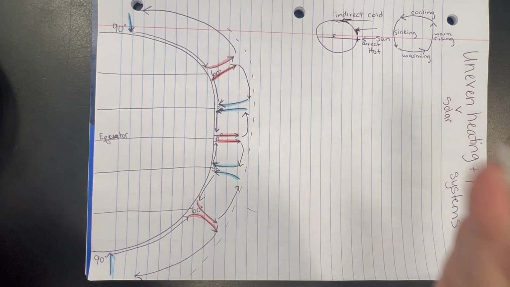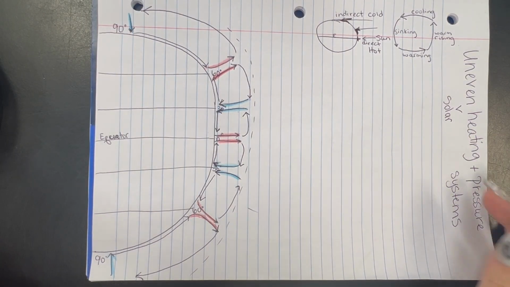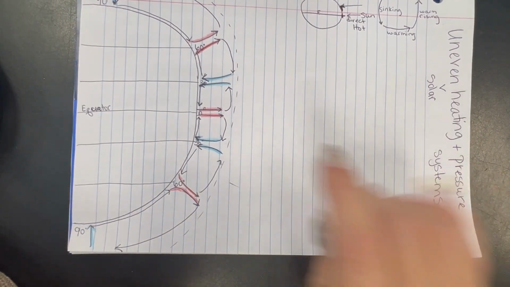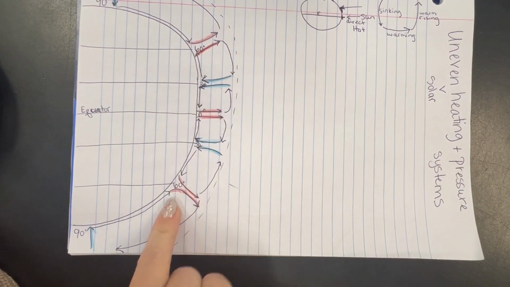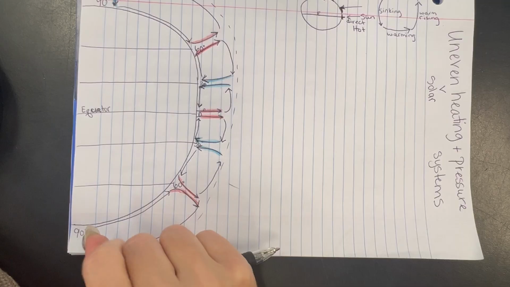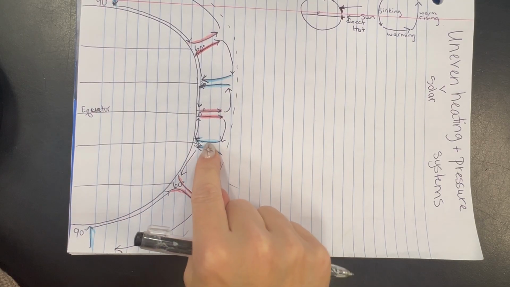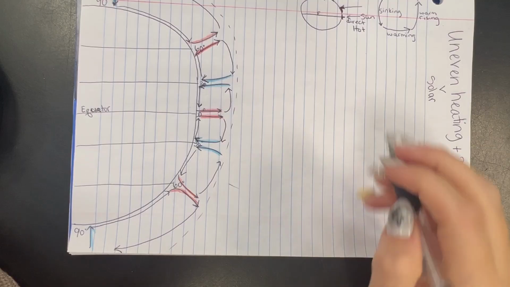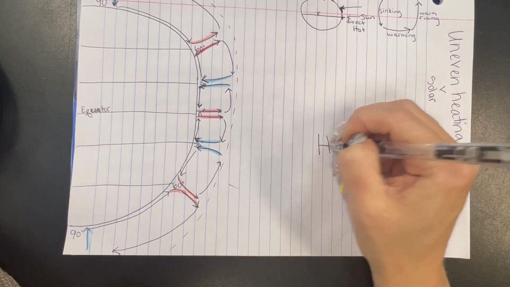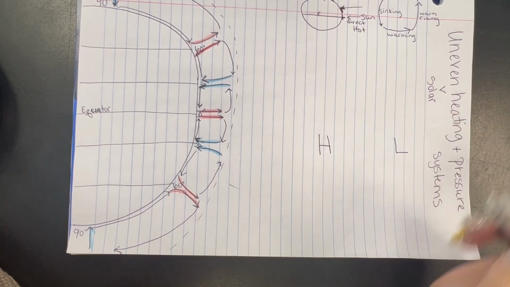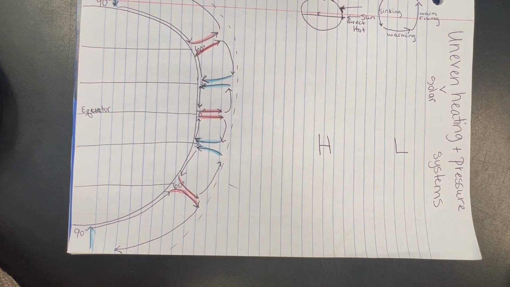All right, now let's put all this together and go through pressure systems. These are called pressure belts, and a pressure system happens when you have two of these arrows coupled together. So we have a high pressure system and a low pressure system.